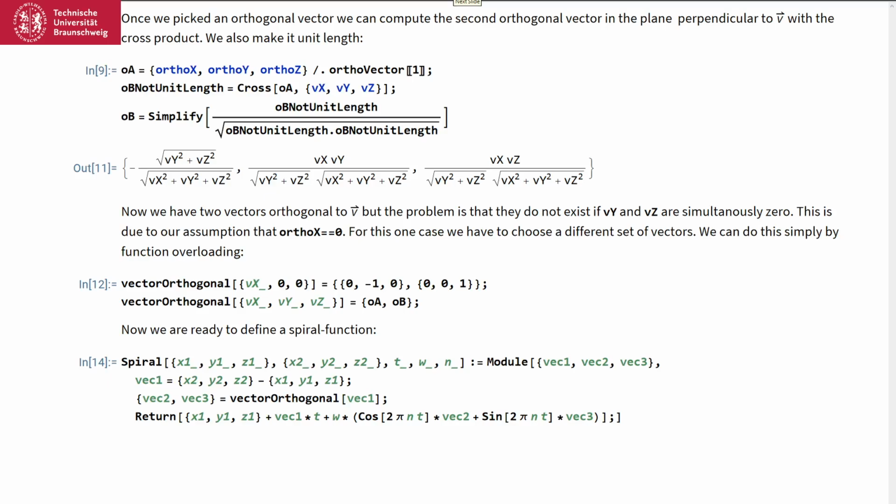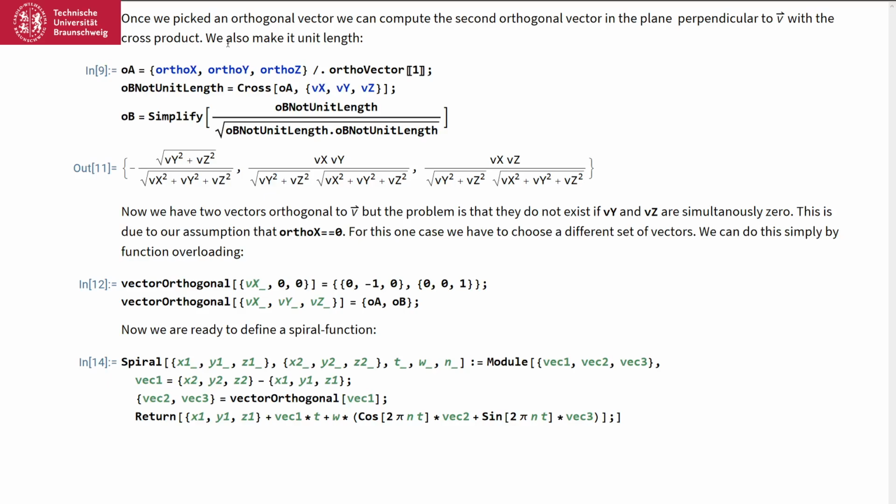So we need a basis. Once we picked one, we get the other one by taking, okay, the other one needs to be orthogonal to both of them. And the simplest way to do this is to take the product of the two and get a vector out, and this vector will be orthogonal to the two of them.